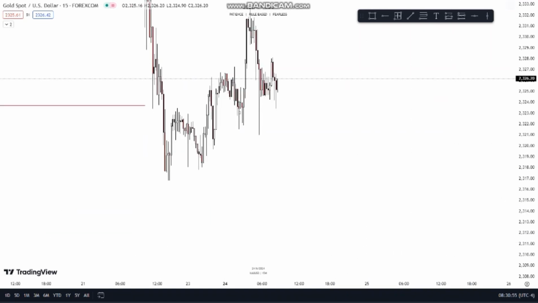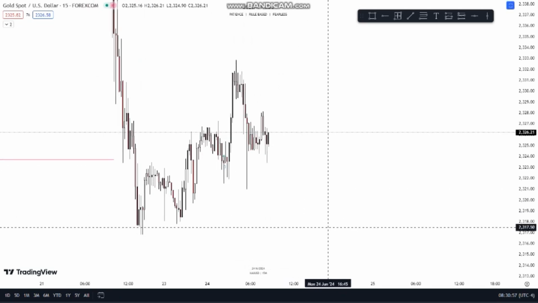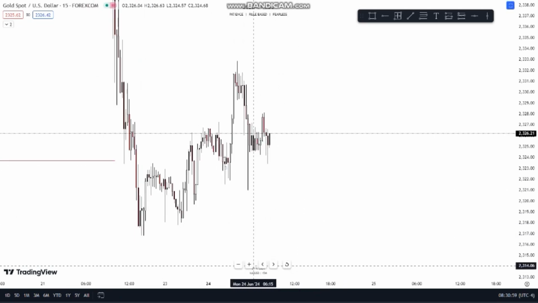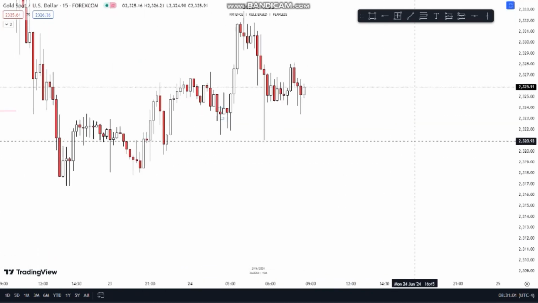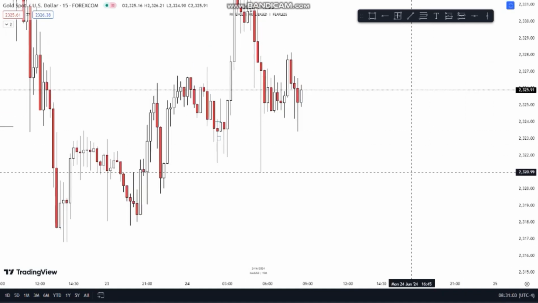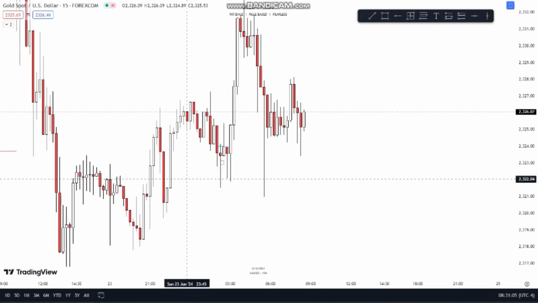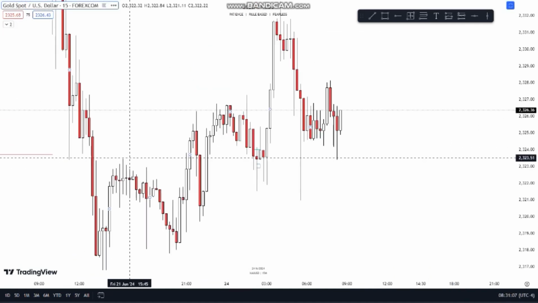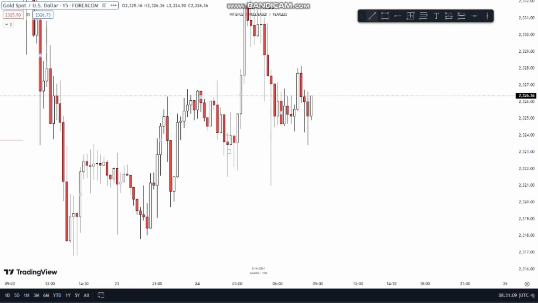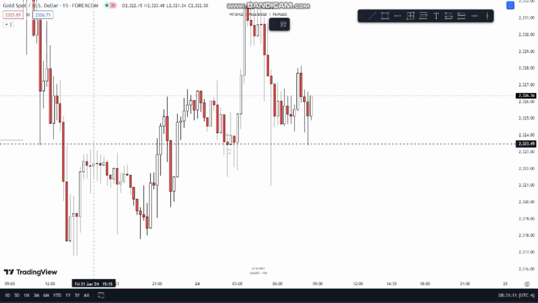So guys, here is an example of a demand in a live chart, what it looks like. As you can see here, price broke this high, price broke this high here.